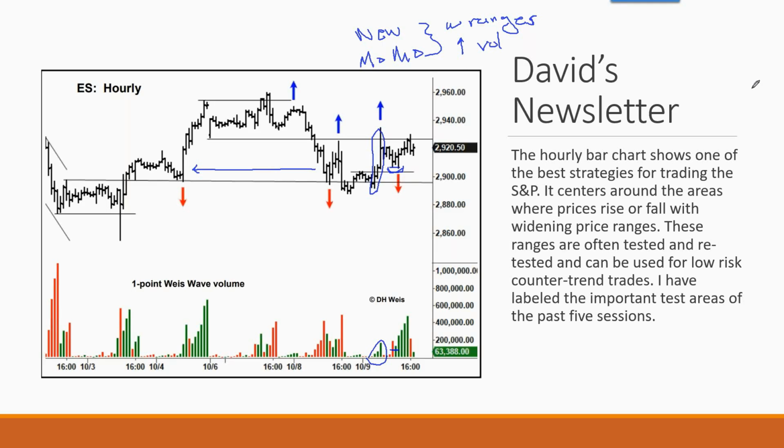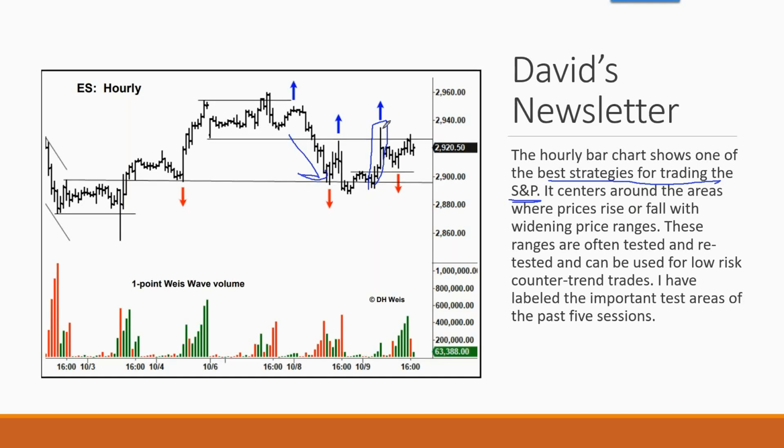So David says that the hourly bar shows one of the best strategies for trading the S&P. So yeah, I would agree that it is one of the better strategies for that. You're looking for the momentum, as we have in here, new signs of momentum, right? Here we're coming down, and then suddenly we get momentum up. Volume comes in on the upside, the price bars increase their range and spread to the upside.